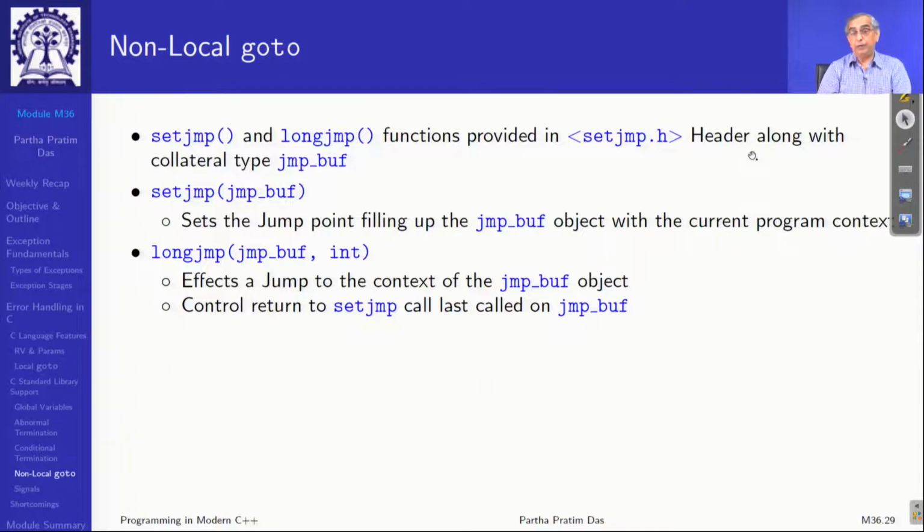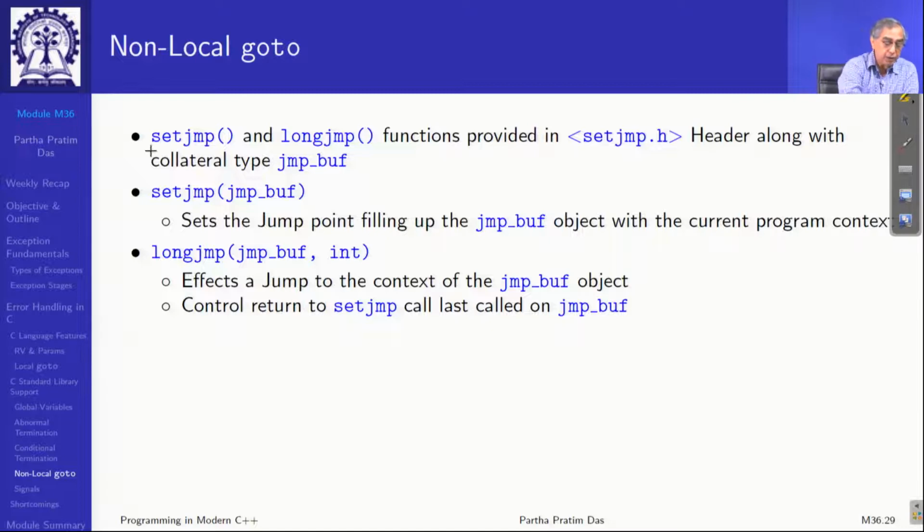The most important and closest to C++ is what is called a non-local goto. With a local goto you can take care of an error which is within a function. But what if you have called a function and that function has an error, how does that information come back to the caller? That is the basic question.